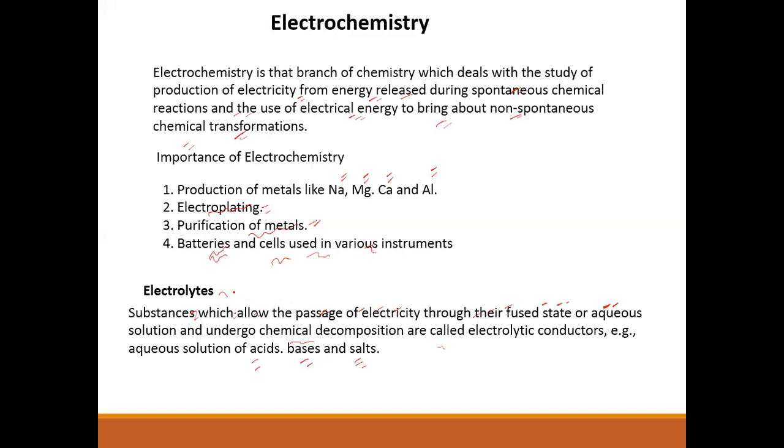In a simple way, any substance which dissociates into its ions is known as an electrolyte. For example, NaCl breaks into Na+ and Cl-, so it is an electrolyte. Similarly, HCl dissociates into H+ and Cl-, so it is an electrolyte.